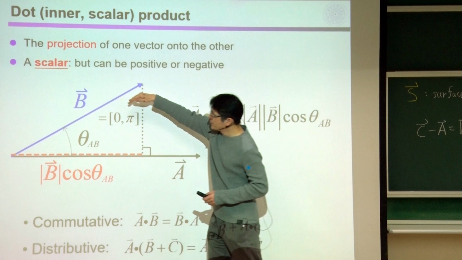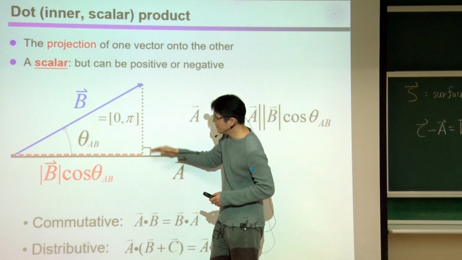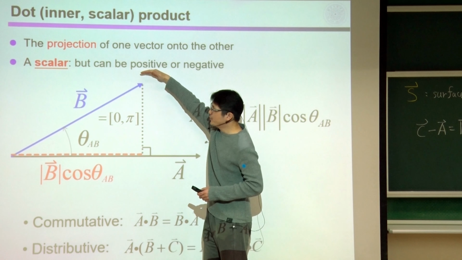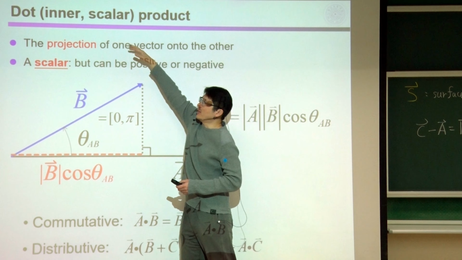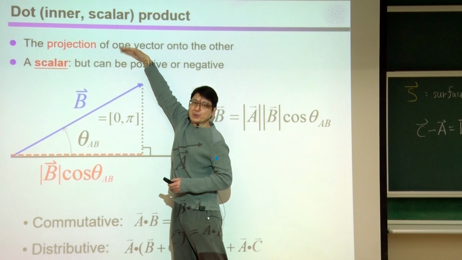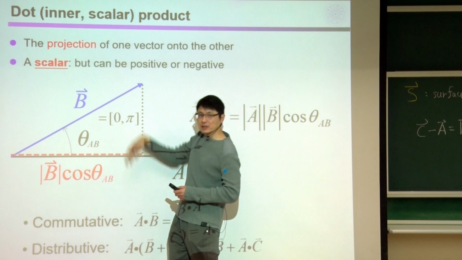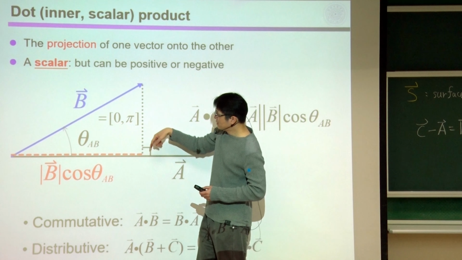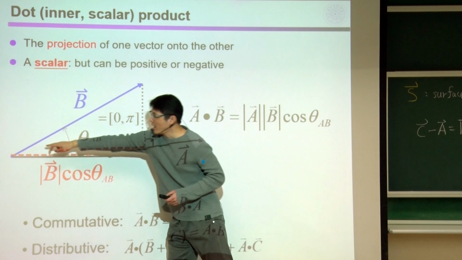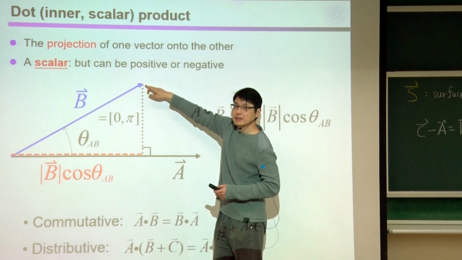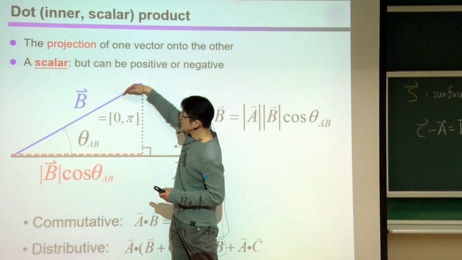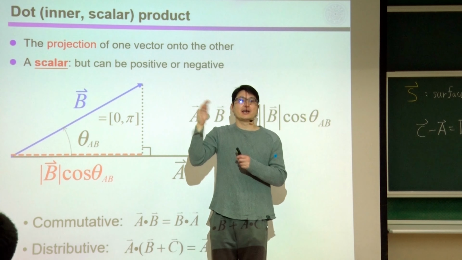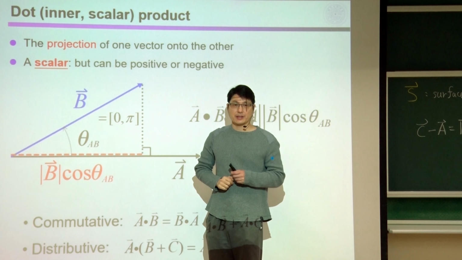Okay? So you have two vectors, A and B. So if you make the projection, what does projection mean? For example, you have a light. You have a light somewhere here, and you shine the light. Because you have vector B above vector A, so imagine vector B is blocking the light. Okay?